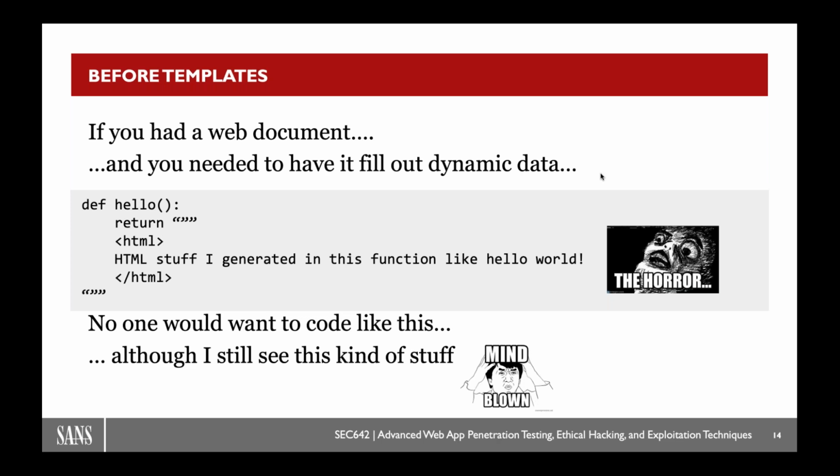Nobody would ever actually want to program this way because it would be a complete horror show. But we do see some of this stuff in the wild. I wouldn't recommend anybody do this. I would definitely recommend everybody use a template.